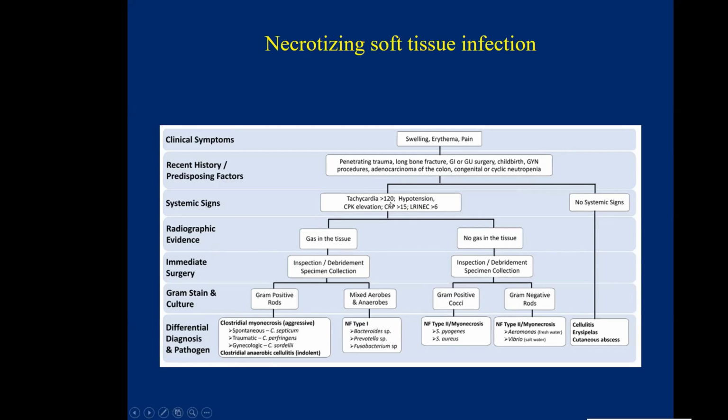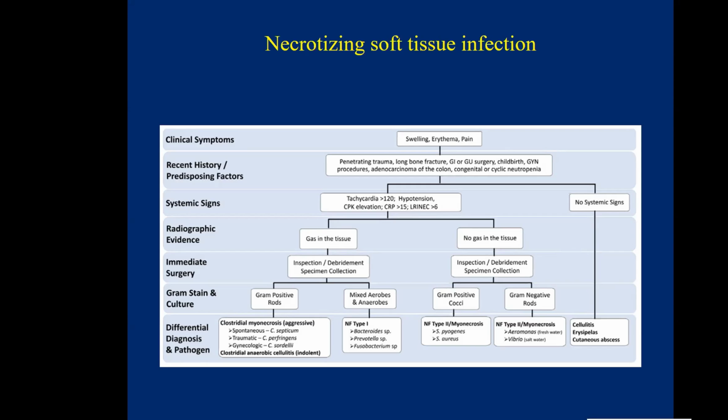So in this case, covering broadly, you want to cover your gram-positive, so strep, staph. You want to cover MRSA, so you want to do vancomycin, and you also want to cover anaerobes. So I think Zosyn would be a good choice because it would cover Pseudomonas, but vanc, cefepime, Flagyl would do it as well.